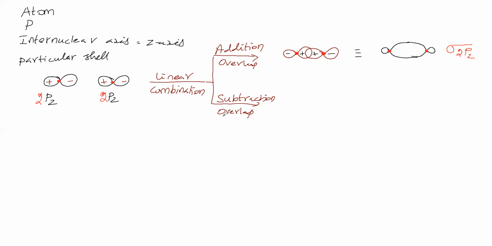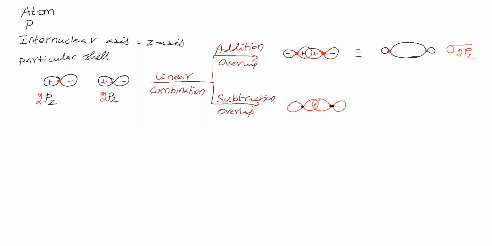Then we will see subtraction overlap. The two p orbitals undergo subtraction overlap. It is a nucleus of one atom, a nucleus of another atom. Now we will give the sign.